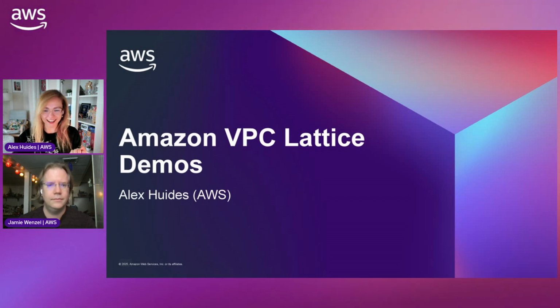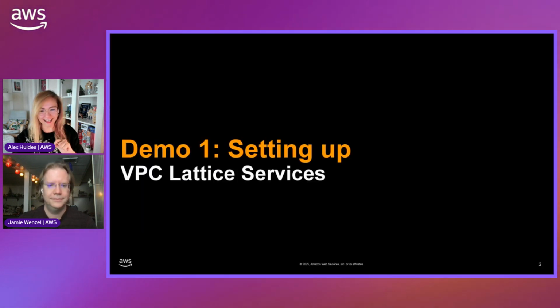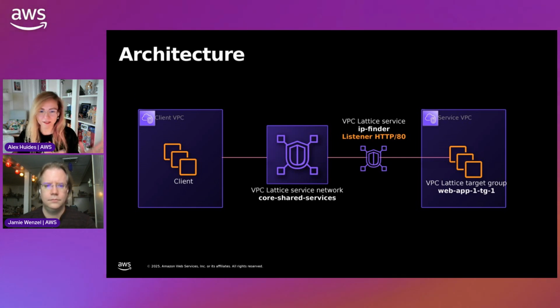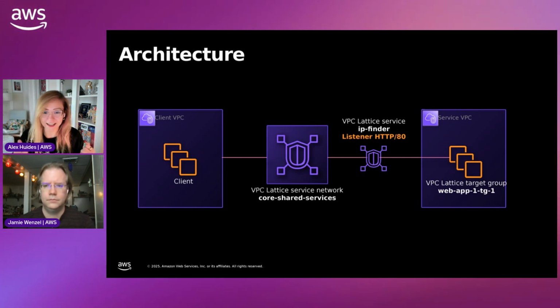Okay, let's get things started. The first demo is setting up VPC Lattice services. This is our architecture: super simple, straightforward, easy to understand. We have a client VPC with a client in it, a VPC Lattice service network, and a service VPC with the service in it.